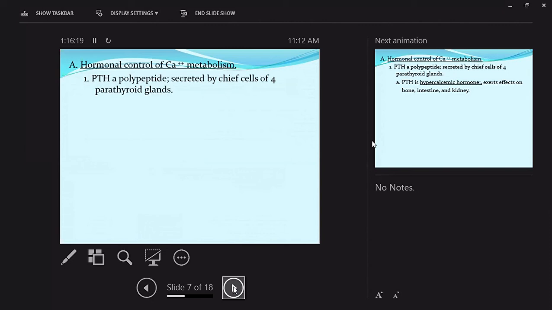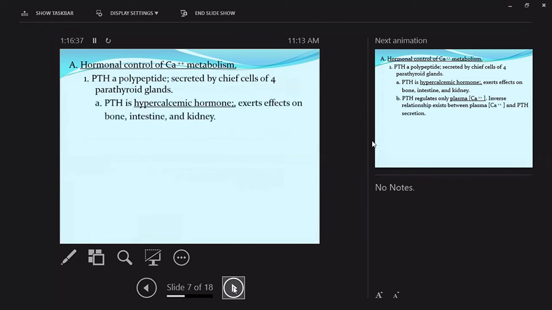Hormonal control of your calcium metabolism. Parathyroid hormone is a polypeptide secreted by the chief cells of the parathyroid glands. This is hypercalcemic.